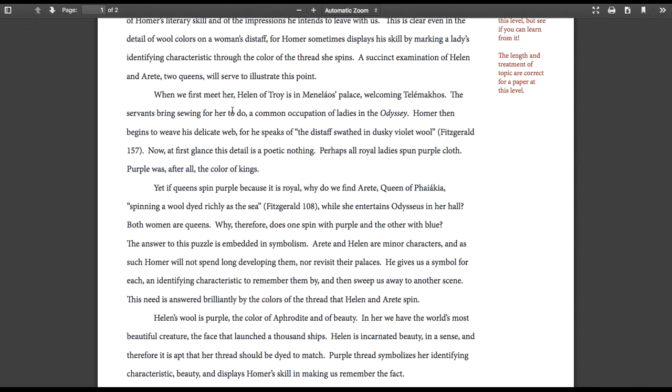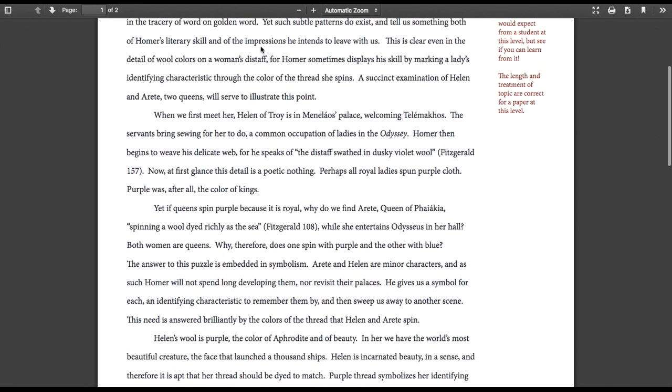Okay, so this very short paragraph provides a really great example of their argument about Homer's literary skill. And it fits very well with the thesis, because the thesis shows that he displays his skill when he's talking about the queens in the story, especially when they thread material.